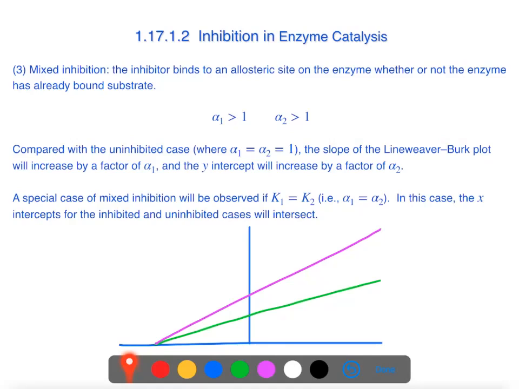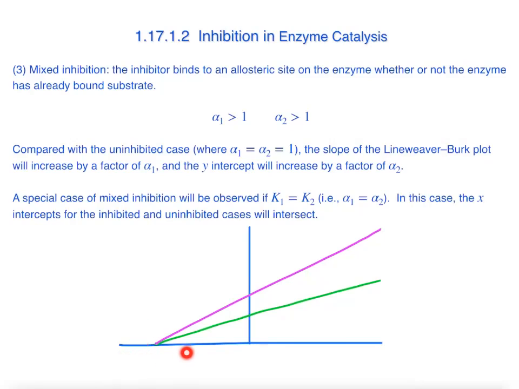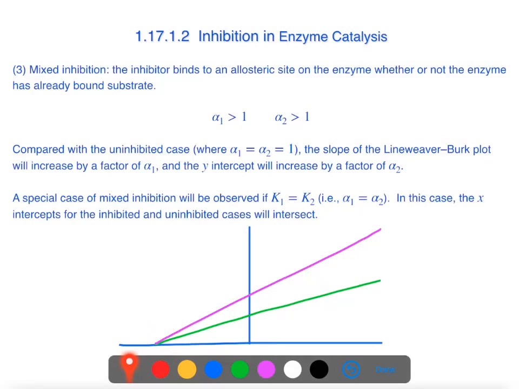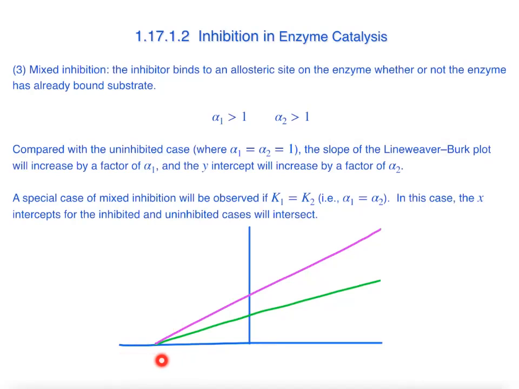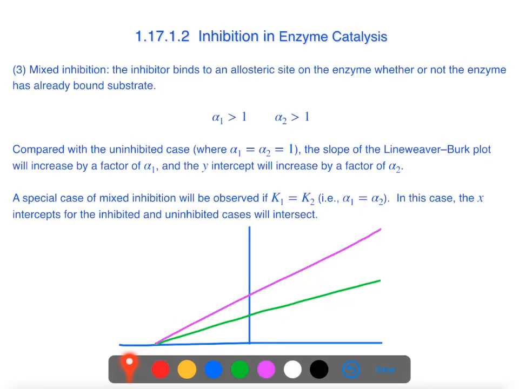Also being presented in this diagram is a special case of mixed inhibition where K1 and K2 equal one another. That is, alpha 1 equals alpha 2. In this case, the x-intercepts for the inhibited and uninhibited cases will intersect. And so this is a special case of mixed inhibition.